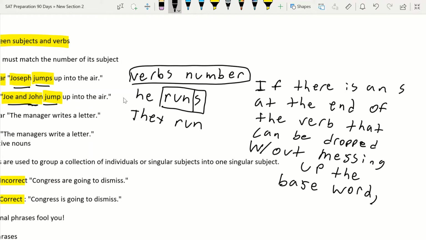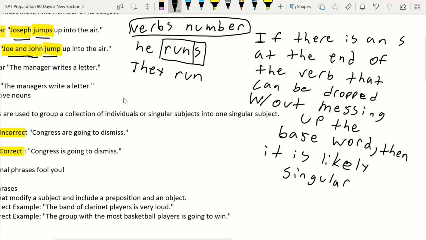So if there's an S at the end of the verb that can be dropped without messing up the base word, then it is likely singular. All right, and that's going to be most of the time. Now, if there is no S at the end of the verb, like in they run or jump, then it's likely a plural verb.